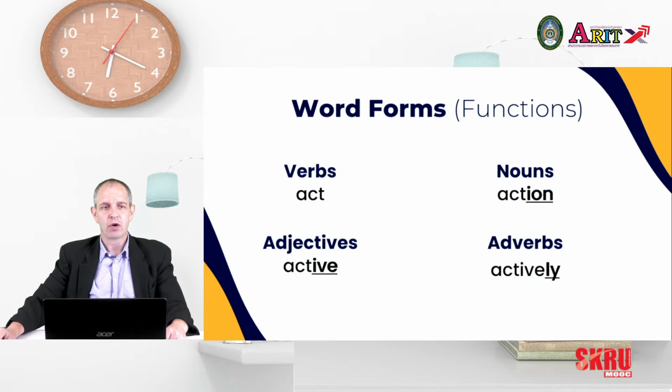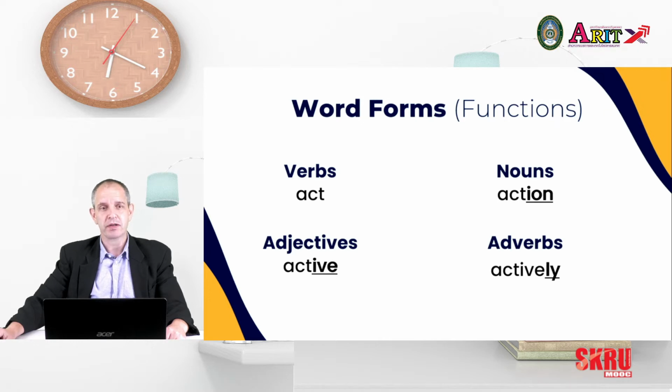For example, our word act. As a verb, it's just A-C-T. As a noun, we add the suffix I-O-N, and it's now action. To make it into an adjective, we add I-V-E, and we make it active. And then as an adverb, we add L-Y, and it's actively.